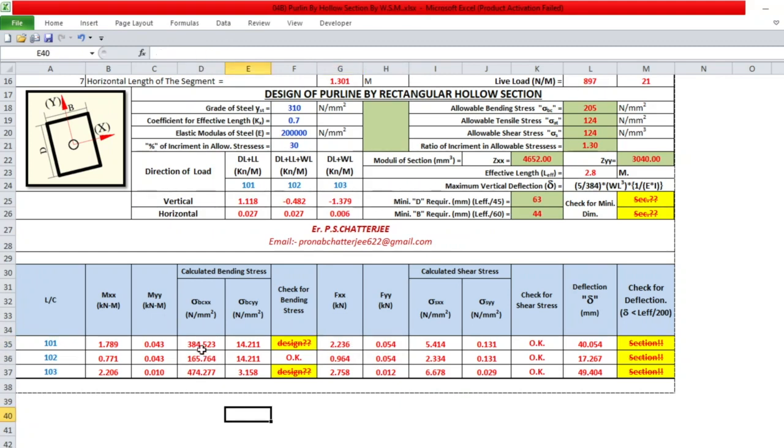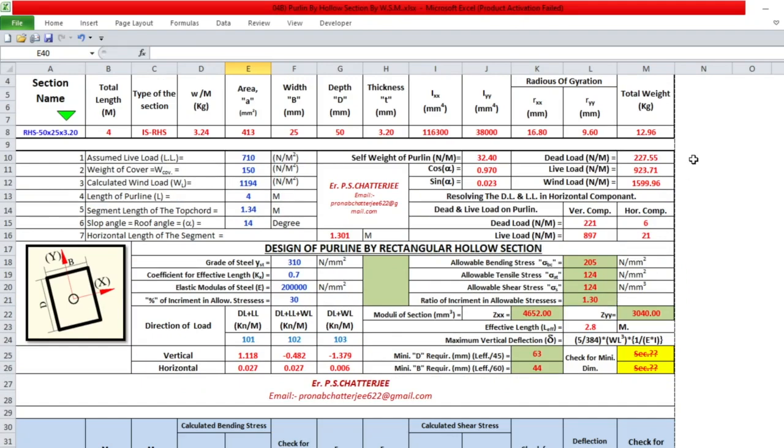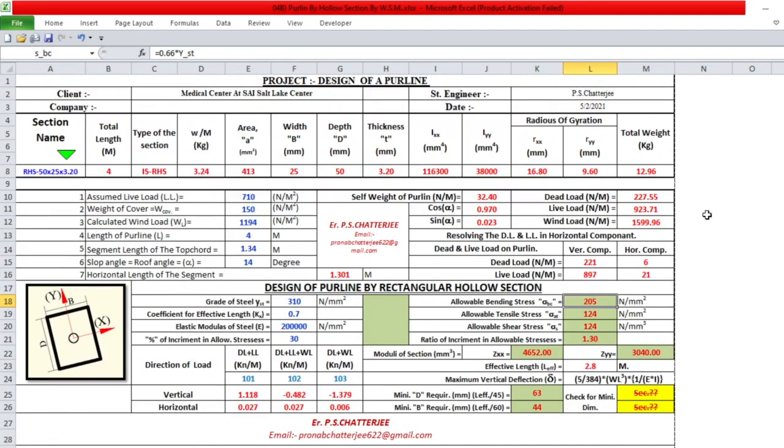Calculated bending stress for the 101 load case is 384.53, but we have allowable bending stress 205. So we have to increase the section.